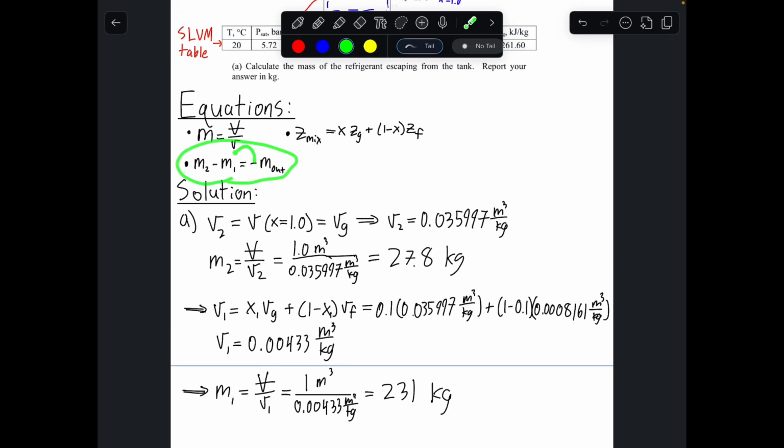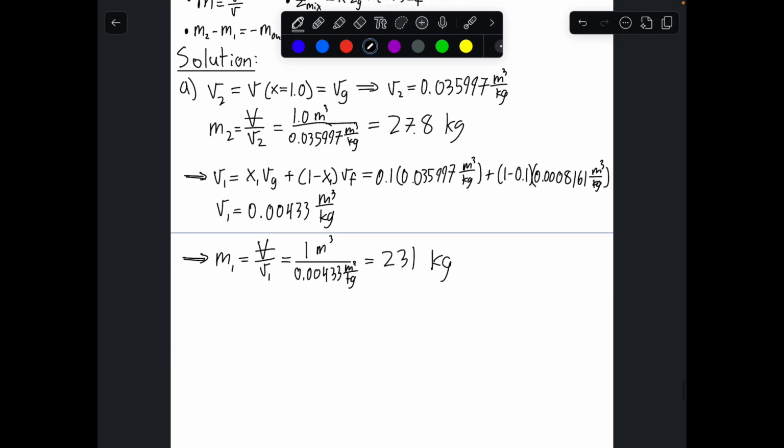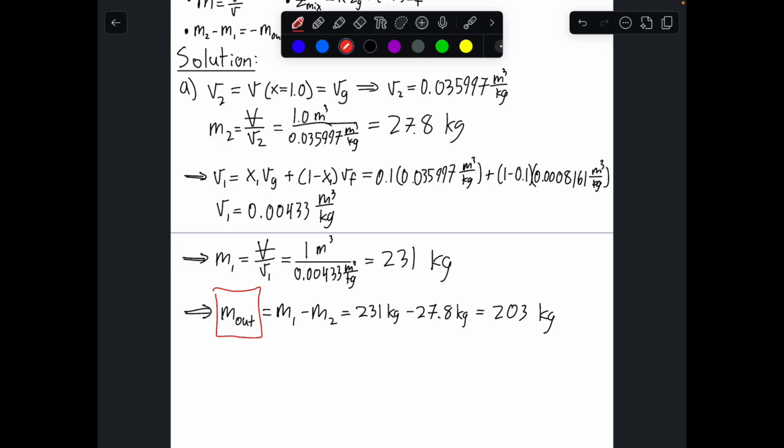I'll just rearrange it by moving the negative to the other side, and we just get the amount of mass out of the tank should be equal to M1 minus M2, which should be equal to 231 kilograms minus 27.8 kilograms, which should give us a value of 203 kilograms after we do our rounding. So this should be our answer for part A.